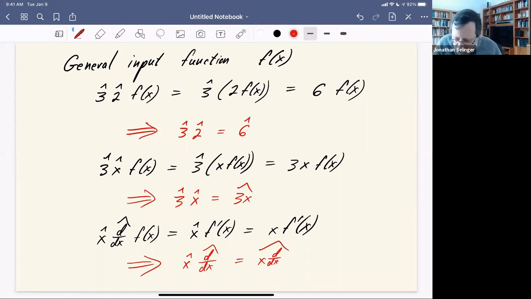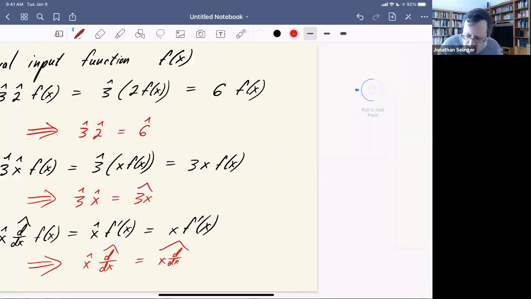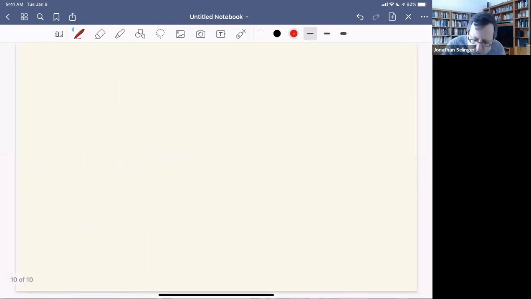Okay, so this then is a set of rules about how to combine operators to make new operators, okay? This is what mathematicians call an algebra.